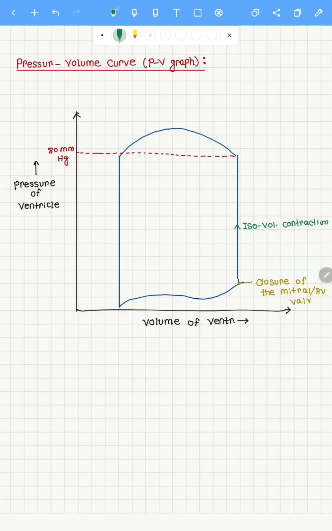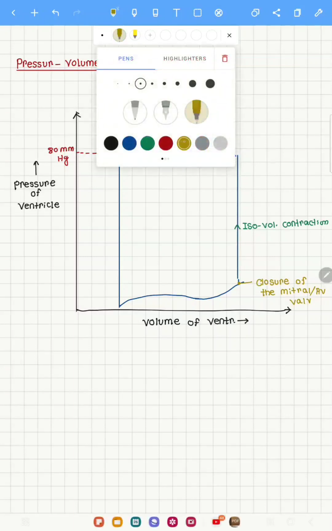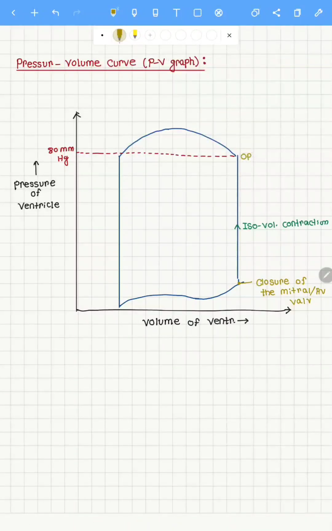Then there will be opening of the aortic valve. This point marks the opening of aortic or semilunar valves. That is followed by rapid ejection and slow ejection respectively.